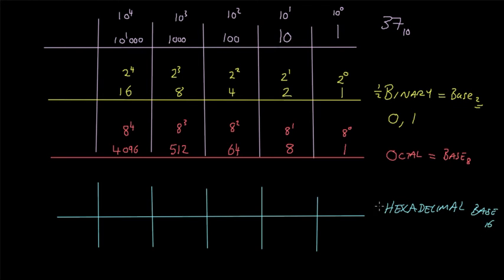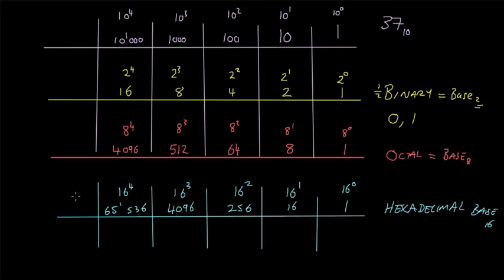So the first column of hex is the ones, which is 16 to the power 0, then 16 to the power 1 is worth 16. Your next column is your 16 squared, which is worth 256, and the next column is 16 times 16 times 16, or 16 cubed, which is 4096, and then the next column is 16 to the power 4, which is worth 65,536.